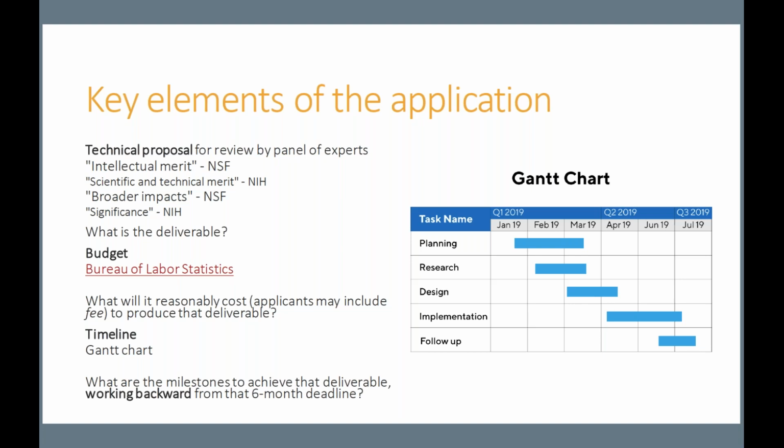So going to the Bureau of Labor Statistics is really all you need to cite to say, in the state of Nebraska, it costs this much over the course of 6 months, paying for 20% of that organic chemist's time. This is what it would cost to get this project done. So that's really the key component on the budget. And then doing that homework to get price quotes and price estimates and things like that.